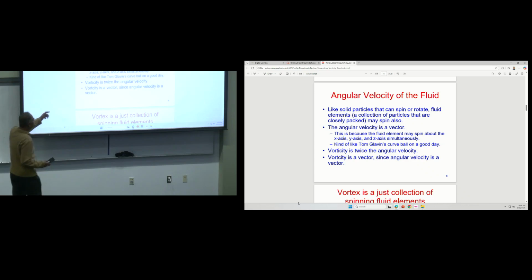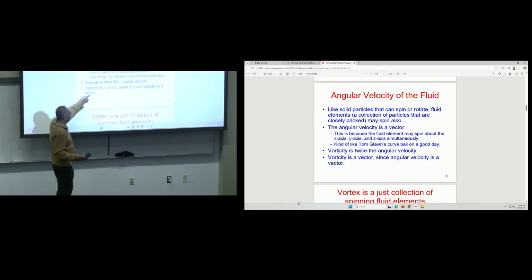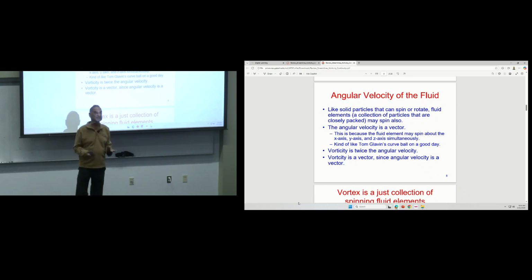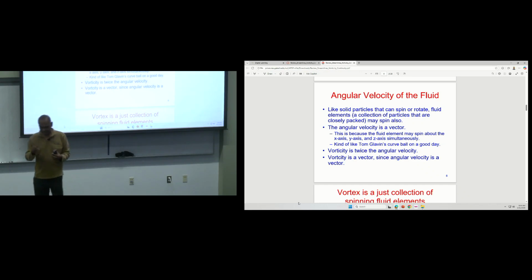So vorticity is 2 times the angular velocity. It's a vector because the angular velocity is a vector. We'll explain where the 2 came from. Because when they were developing vorticity, they had a 1/2 coming up everywhere. It was a pain to carry 1/2 everywhere you go. So you multiply by 2, get rid of it. That's where the number 2 came from.